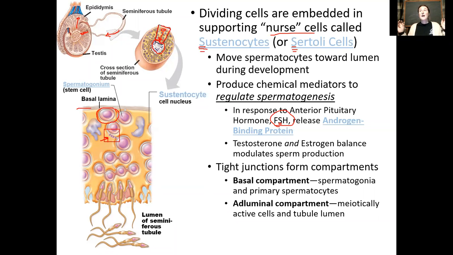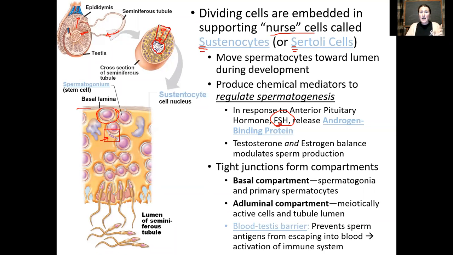And so their protein fingerprint, right, their MHCs on the outside of these cells are exactly what all of the rest of them within the Papa's body look like. And so the immune system learns to recognize those cells as being just like any other cell within the man's body. However, as soon as these diploid cells cross over into the adluminal compartment, they are genetically different, right?